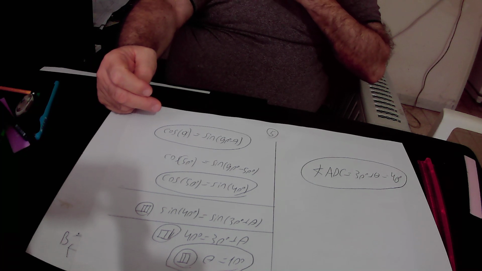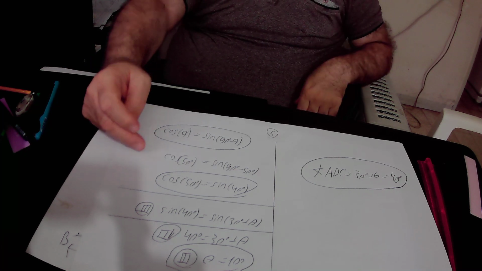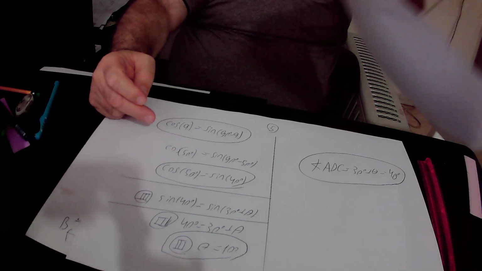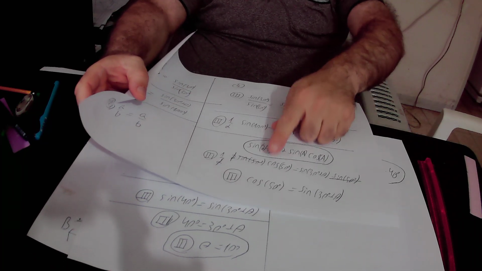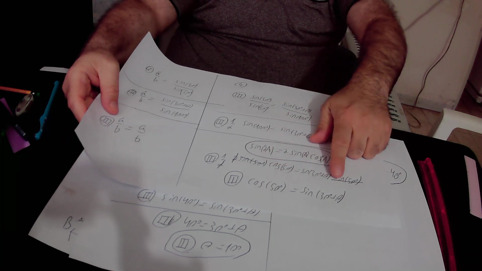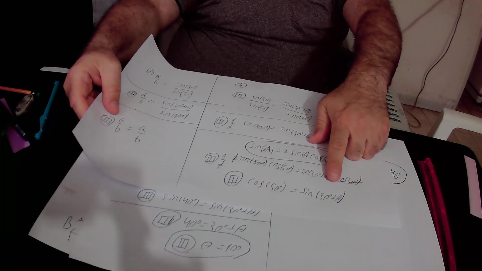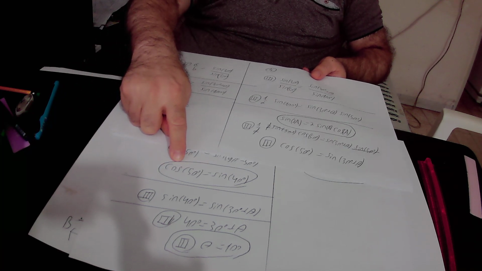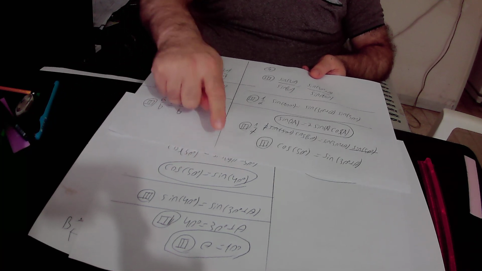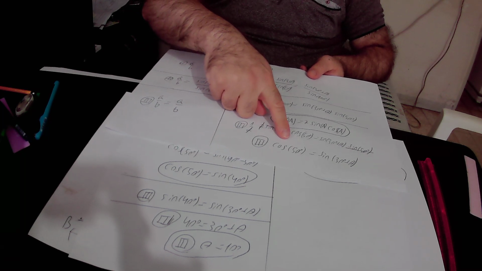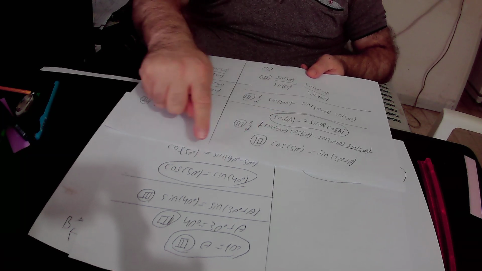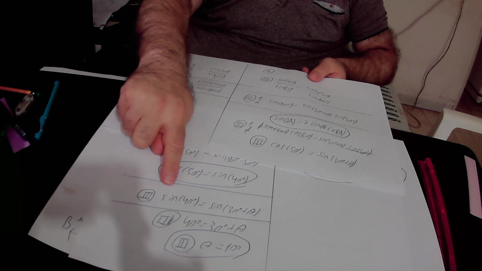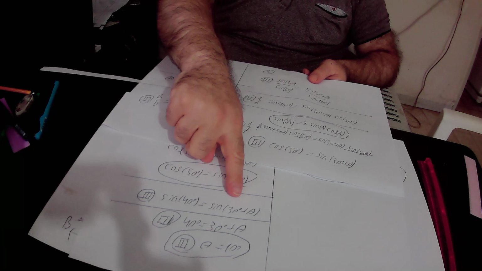And so in equation number 3, we have cosine 50 degrees equals sine 30 degrees plus theta. We just found out that cosine 50 degrees equals sine 40 degrees, so we can substitute cosine 50 degrees by sine 40 degrees in equation number 3.